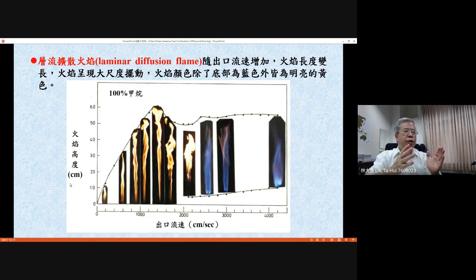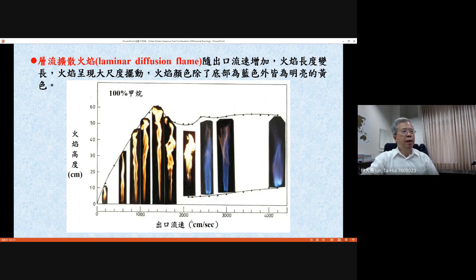When you look at the region of small injection velocity, we are looking at the laminar diffusion flame. When you look at the variation of the flame characteristics for a given laminar diffusion flame by increasing the injection velocity, three important characteristics need to be mentioned here.